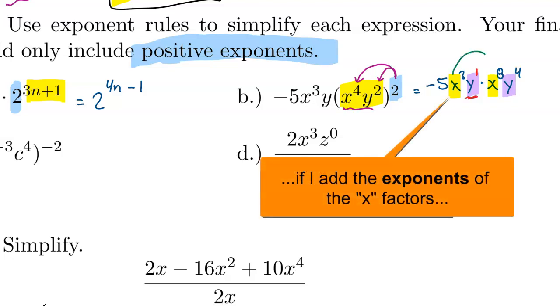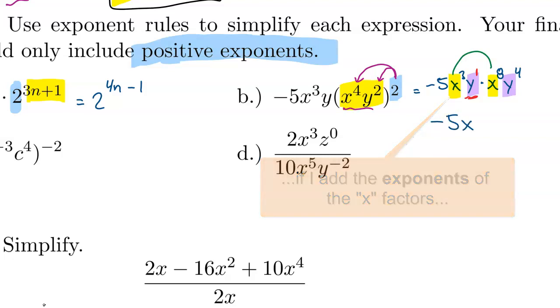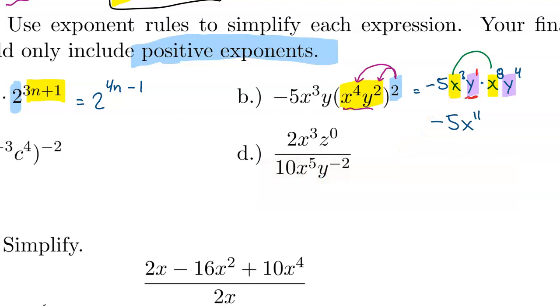So if I add together the x factors, I get x to the 11. And then similarly, adding the exponents of the y factors, I get y to the 5th. And that's my final answer.